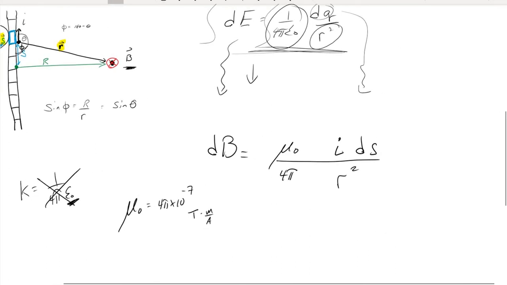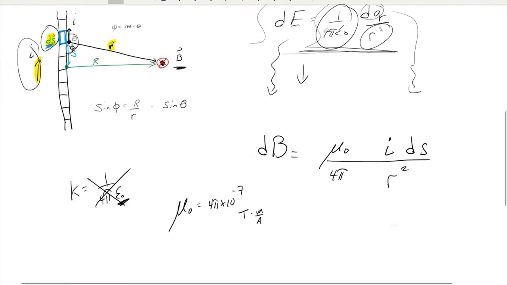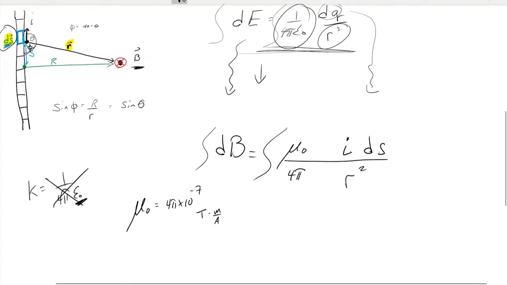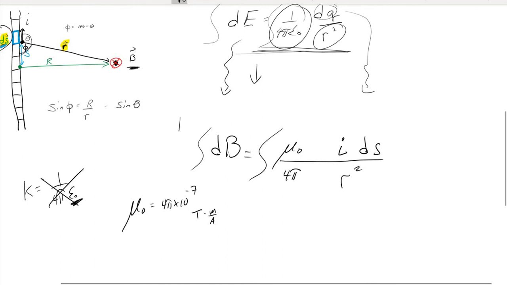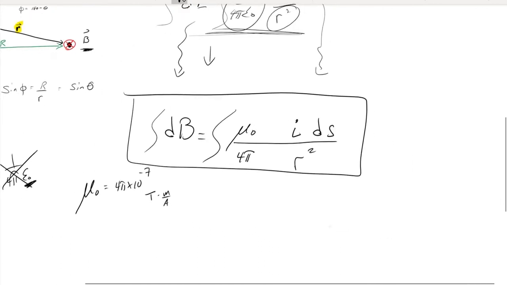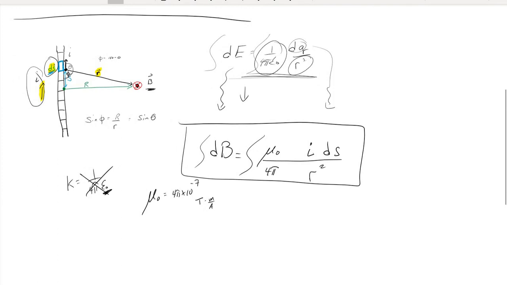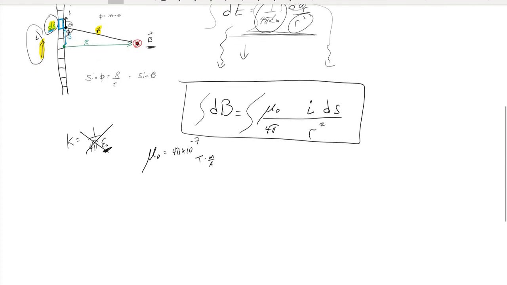And it looks like we're good to go. We have our infinitesimal magnetic field on the left. We have all of our terms on the right that are going to be a part of our integral. But now we've got to figure out which of all of these terms are constants versus which are variables, because I can only take one integral with respect to one variable.